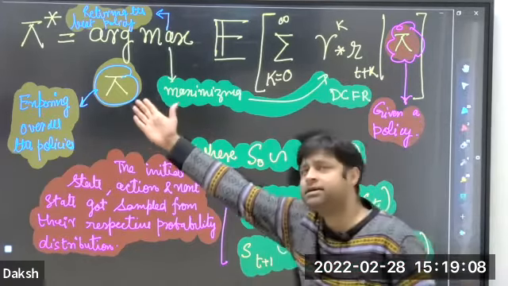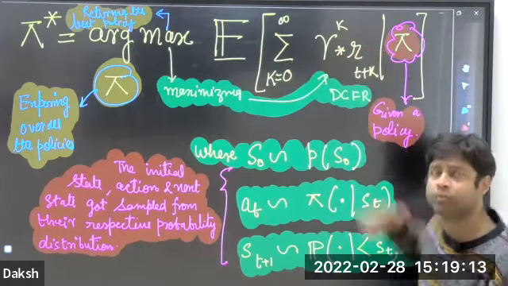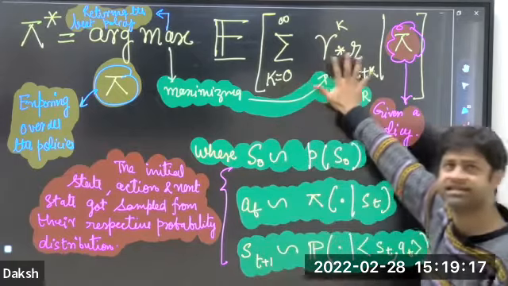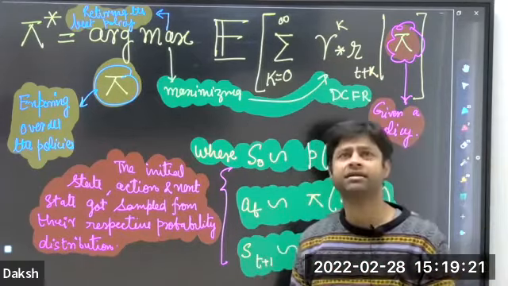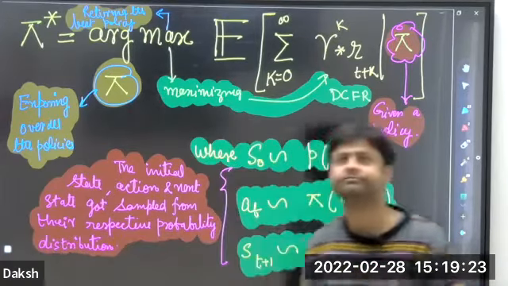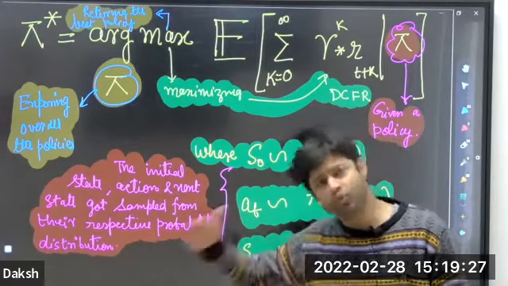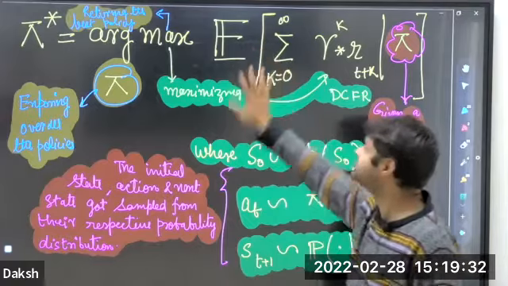You choose a pi, and for that pi, you play a trajectory. You find out its DCFR. Then you take the same pi again, play another trajectory, get the DCFR, and do it for a good amount of time. Take the expected average value.